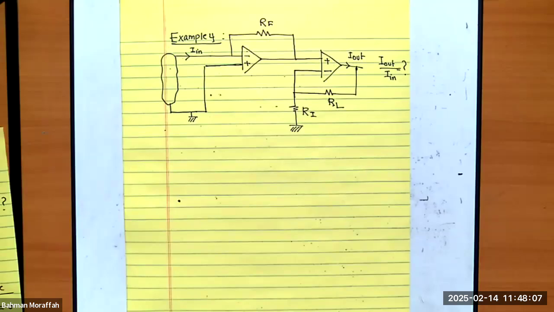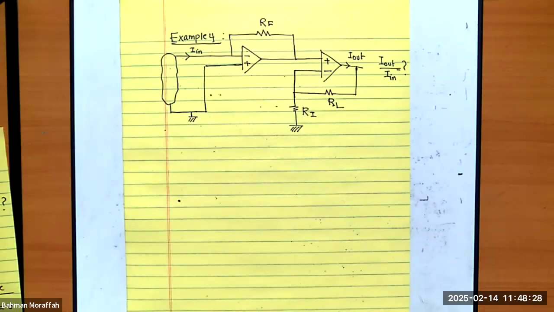What's going on in this circuit? I have two op amps. I'm assuming both of them are ideal op amps. If both op amps are ideal, I still have my golden rules for every single one of them.